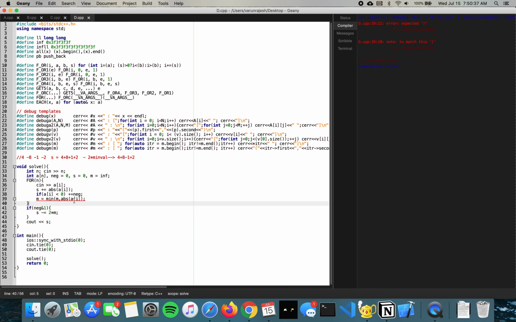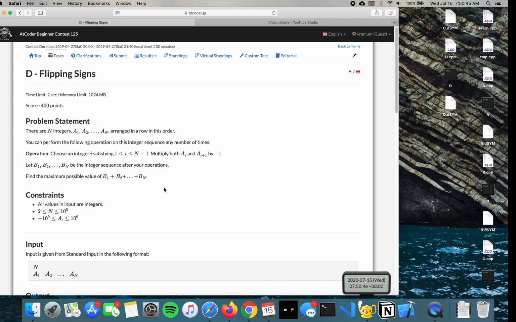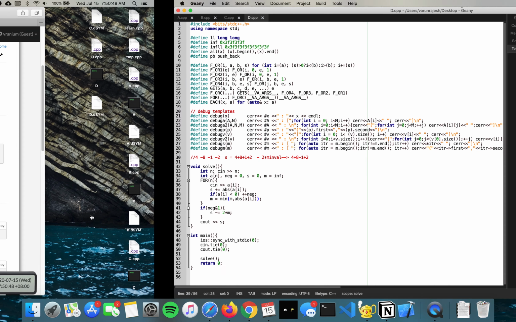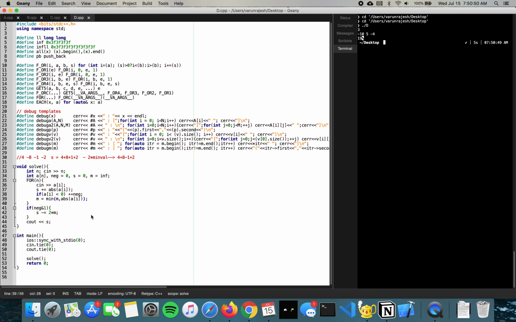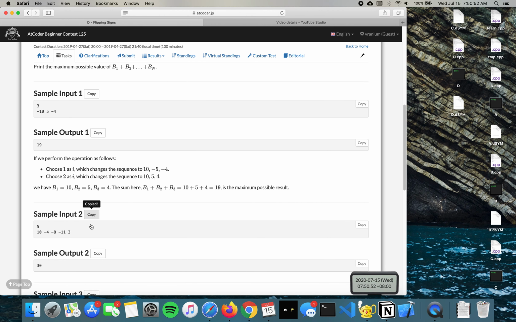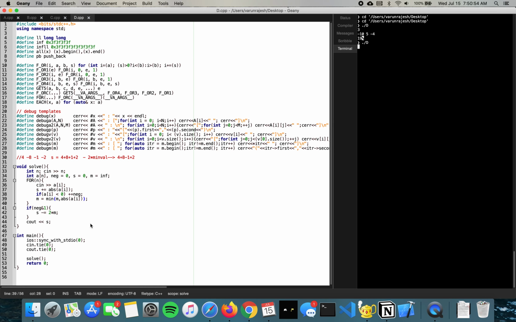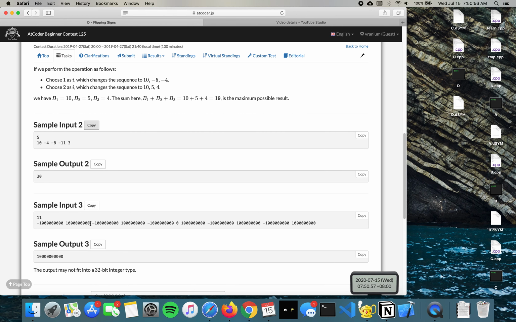Did I mess up brackets? Oh, yeah, I did. Okay, now I run it. Answer should be 19. Perfect. Answer should be 30. Oh, the answer may not fit into a 32-bit integer.